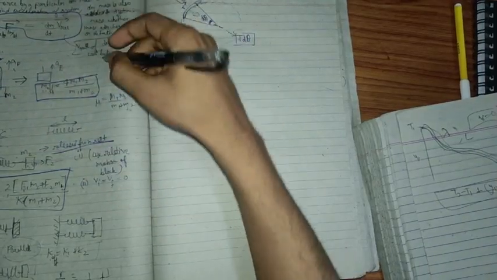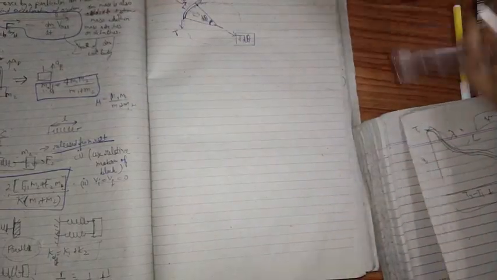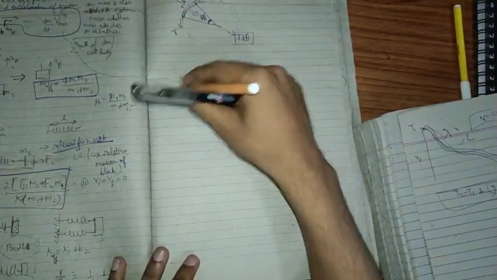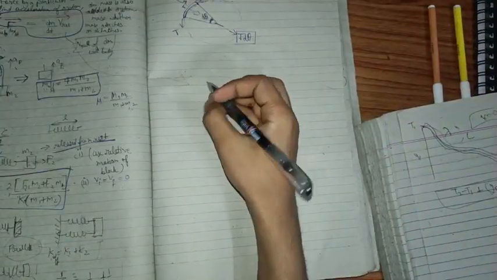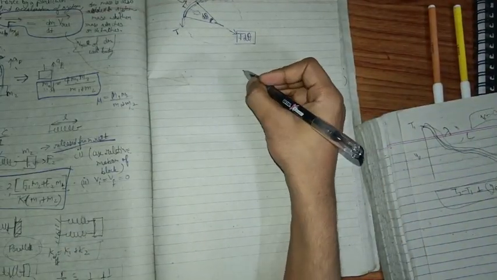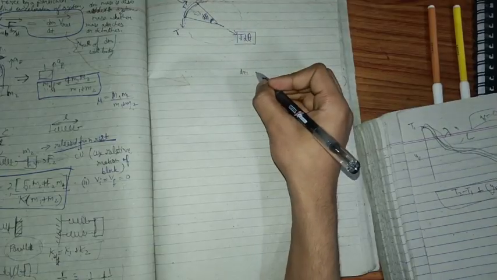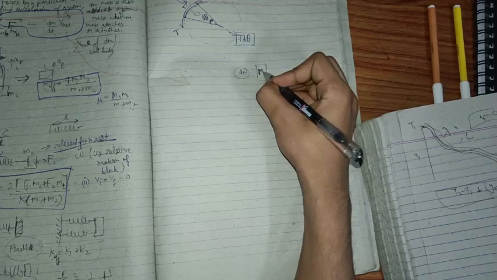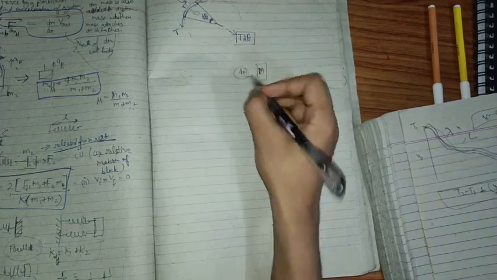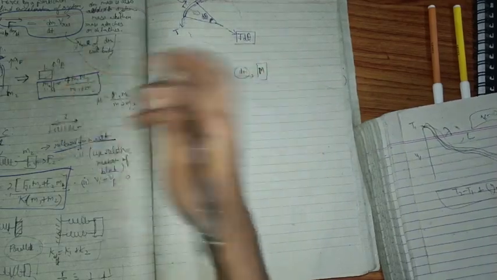One more thing: if we are considering any kind of collision case, let's say a mass dm is coming and there is a system of mass m, and that mass is getting added to the system, or maybe getting removed from the system.